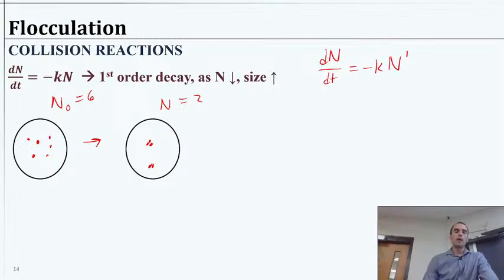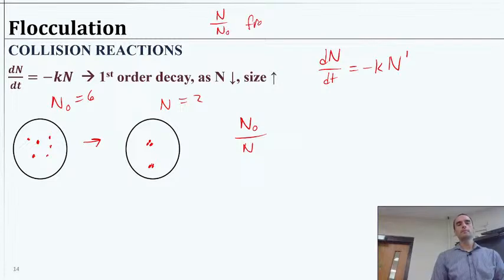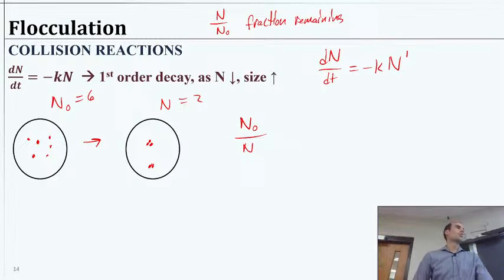Now, when we put this into practice, what we will look for is actually something pretty interesting. We could look at the number remaining, the fraction remaining, or we could invert it. So n over n naught is often what we look at, right? So the fraction remaining. That's not actually as useful this time as n naught over n, which is how many of the initial ones are in each of the final ones.